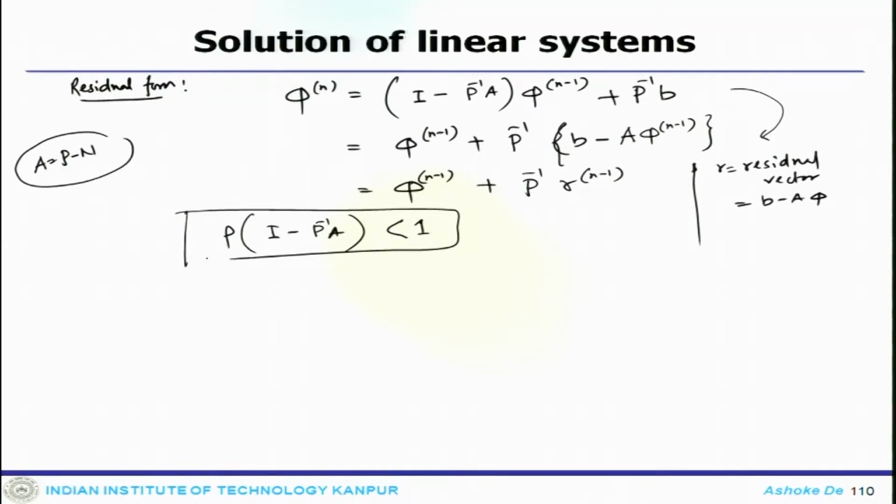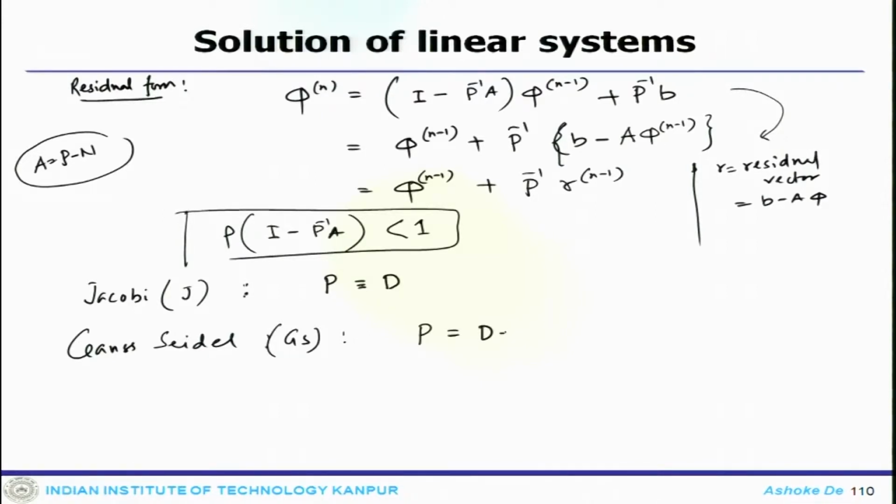Now, if you compare this preconditioned system with two other methods that we have discussed, one is the Jacobi and the other is the Gauss-Seidel, one can immediately see that for the Jacobi method P is equivalent to the diagonal matrix, and for Gauss-Seidel P is nothing but the diagonal plus lower triangular part.